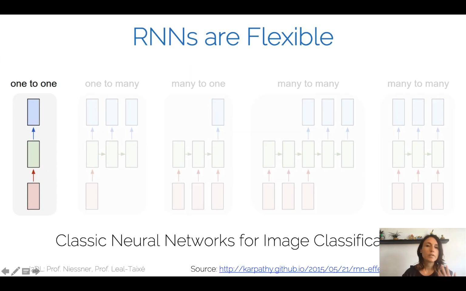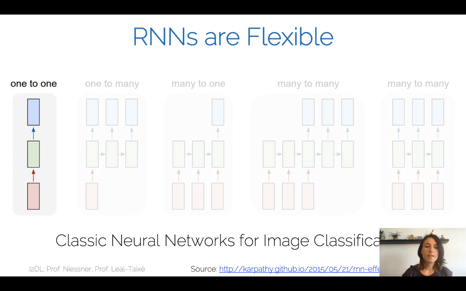And the cool thing about RNNs, or recurrent neural networks, is that they are extremely flexible. So before, what we have seen so far is this one-to-one mapping between the input, for example, an image, a set of hidden layers, for example, the set of convolutional layers and pooling layers, and finally, an output, which is also one element, for example, a label.